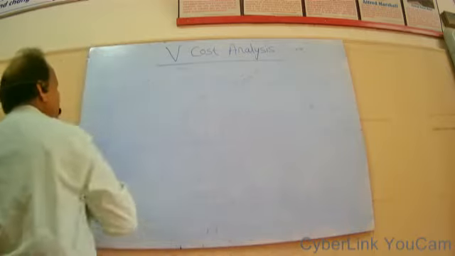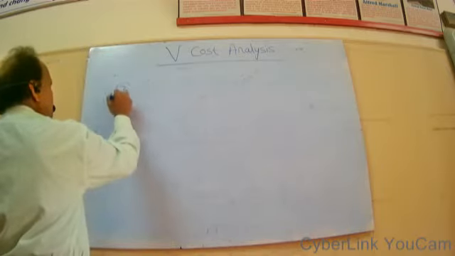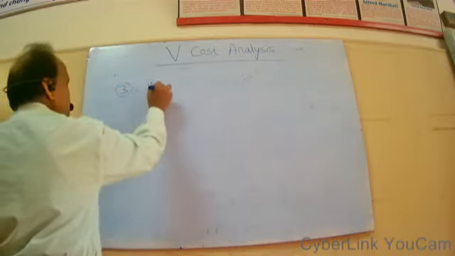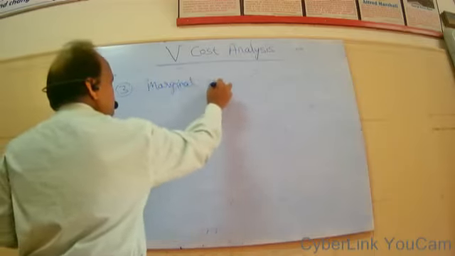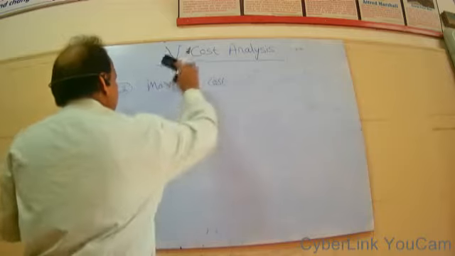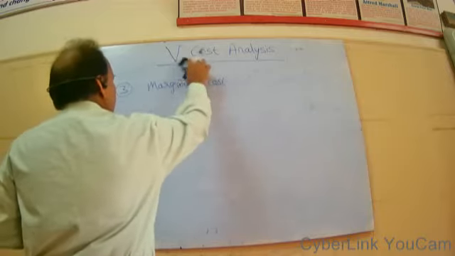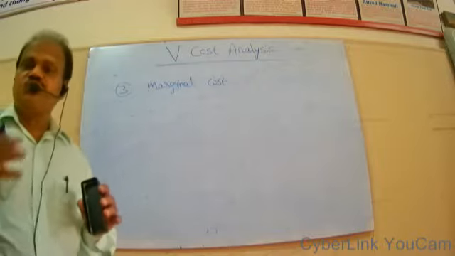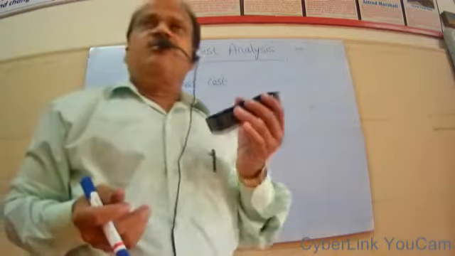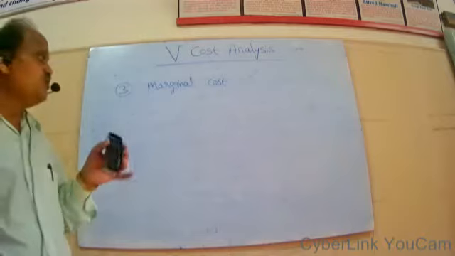Then the third concept in the short run, marginal cost. Marginal cost is an addition to total cost by producing some more units of output.